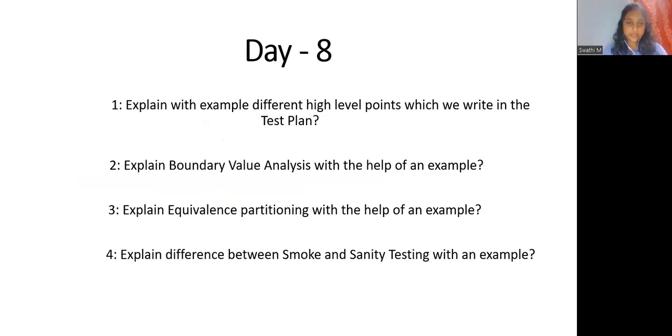Smoke testing exercises the entire system from end to end, and sanity testing exercises only a particular component of the entire system. Smoke testing is performed by the developers or testers, but sanity testing is usually performed by the testers only.